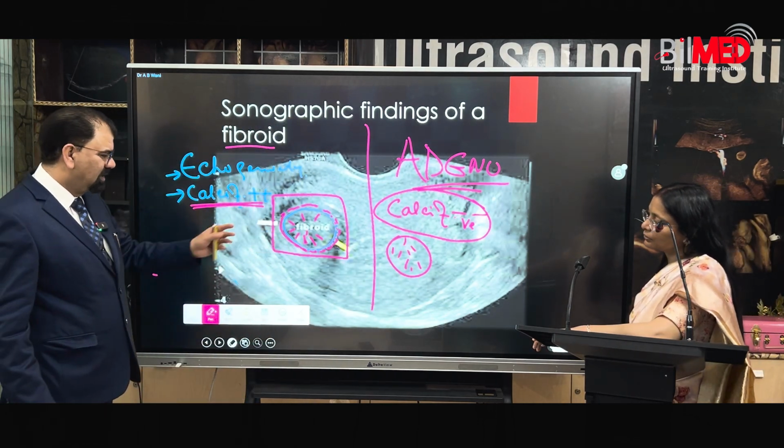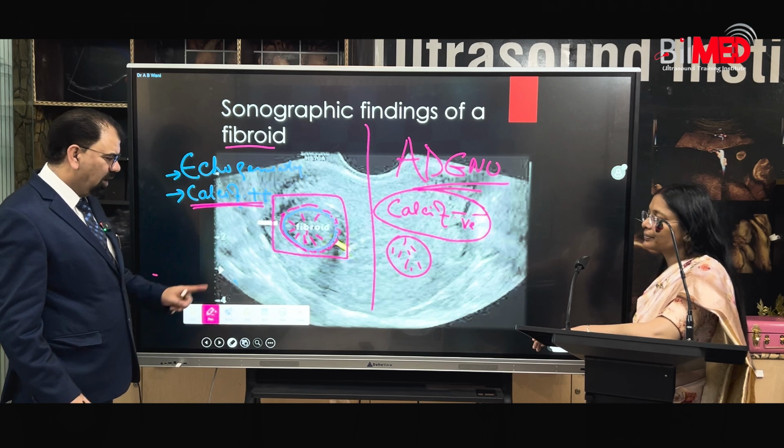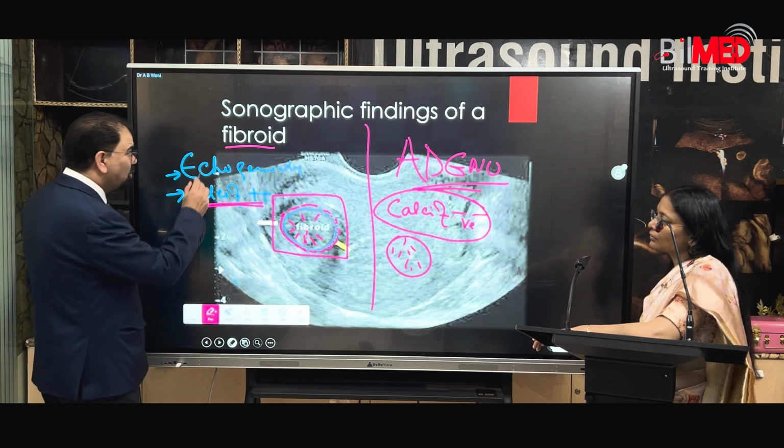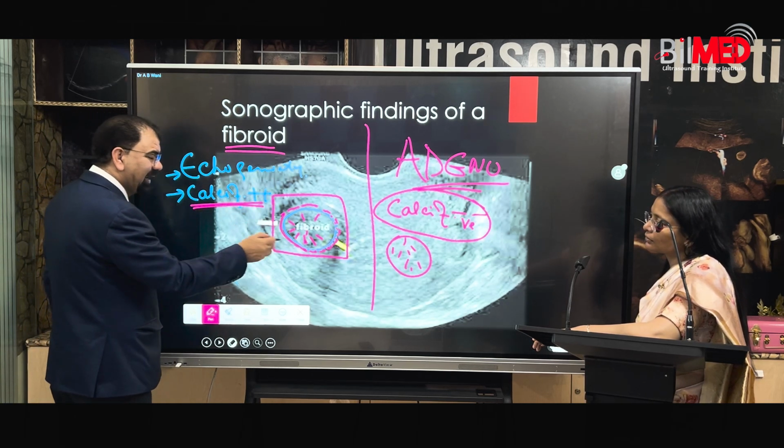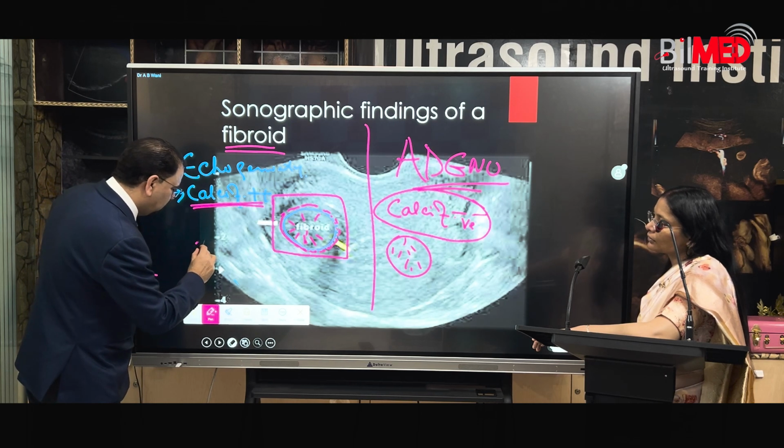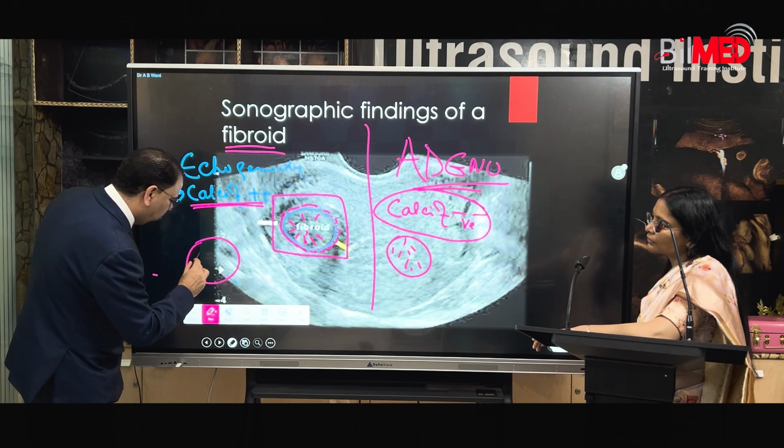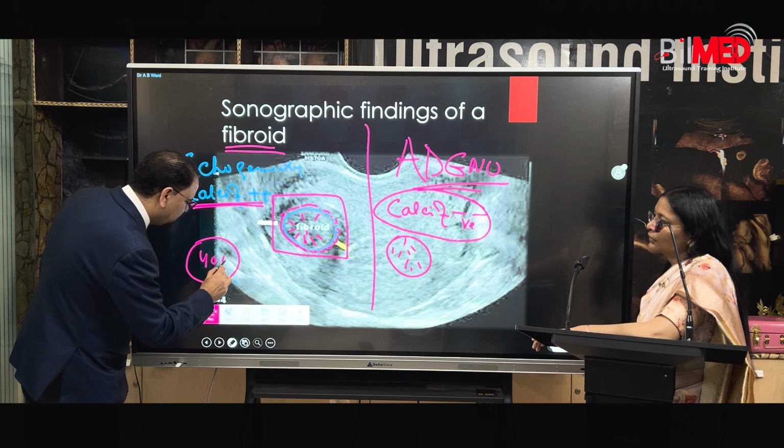Come back. Okay. Now, if I am scanning this fibroid today, and it is, like this patch, 40 millimeters.